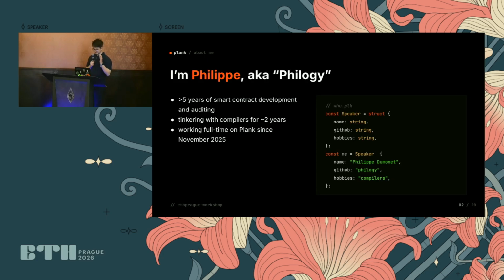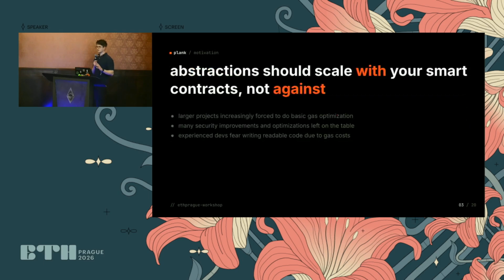Specifically, the main pain point I want to zoom in on is building larger, more sophisticated projects. I wanted abstractions for my code that scaled with my smart contracts, not against. I noticed that as I worked on bigger and more sophisticated things in Solidity, as you stack abstractions in a big code base, you want to be able to easily keep track of how things work.